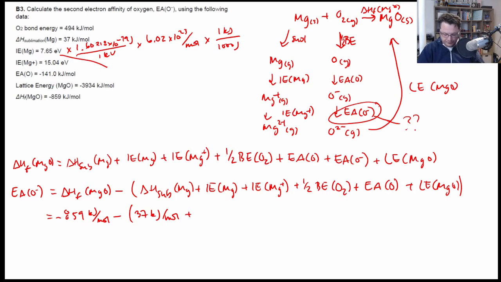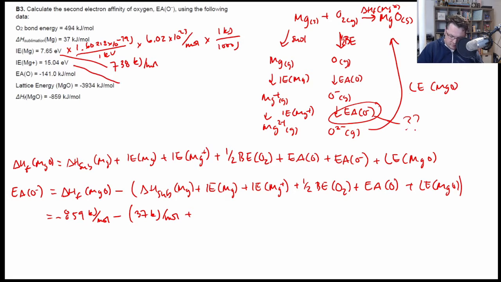For the ionization energy of magnesium, 7.65 times 1.60218 times 10 to the negative 19 times 6.02 times 10 to the 23rd, divided by 1,000, comes out to 738 kilojoules per mole.